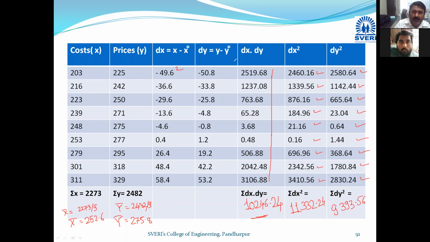So friends, now you have calculated the summation dx dy, summation dx square and summation dy square. Let us proceed to the last step.